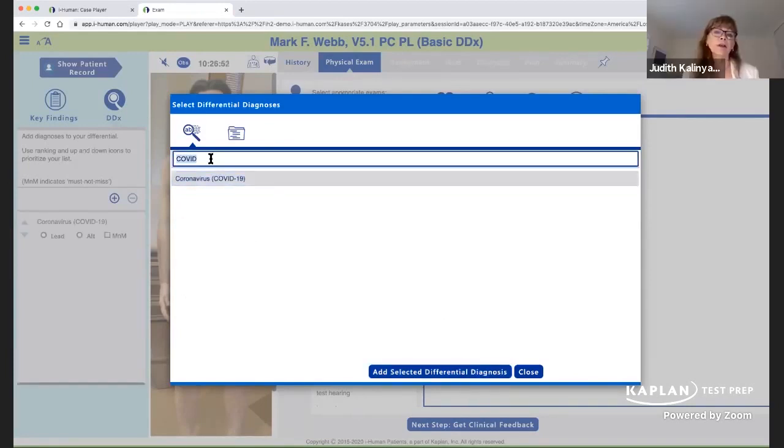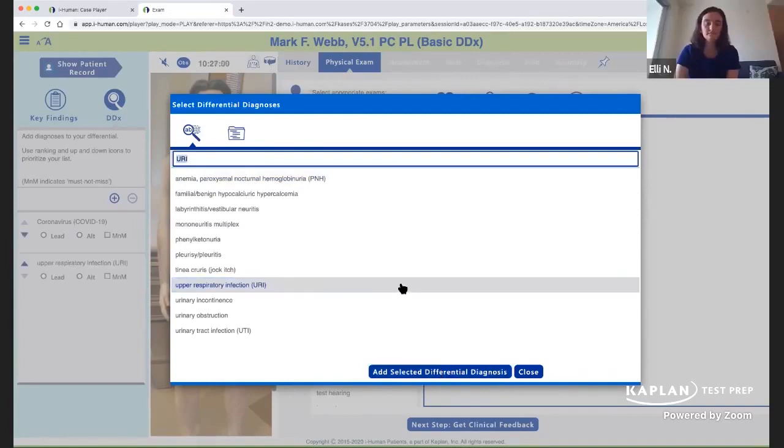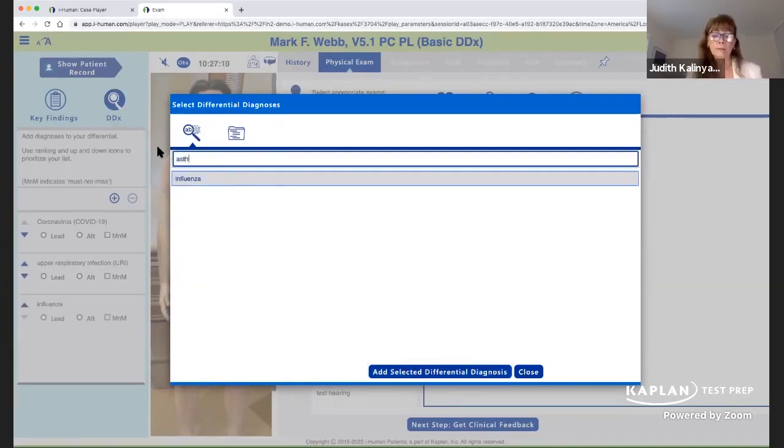Okay, so we're going to say COVID is one. We're going to say upper respiratory infection. Influenza. Okay, let's do that. Acute asthma exacerbation. Okay, can do that. Bacterial pneumonia as a must not miss. All right.